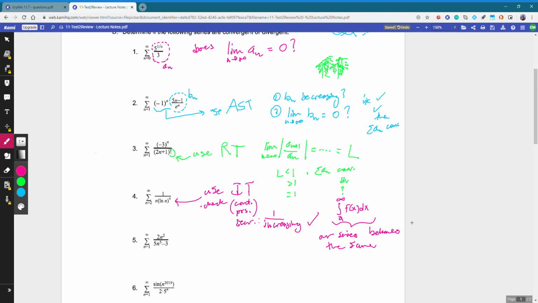If this integral diverges, that's what our series does. If this integral converges, that's what our series does. And again, we know that our series behaves the same because our series here passes these three checks, these three hypotheses. So the integral test is going to be a way to work through that one.